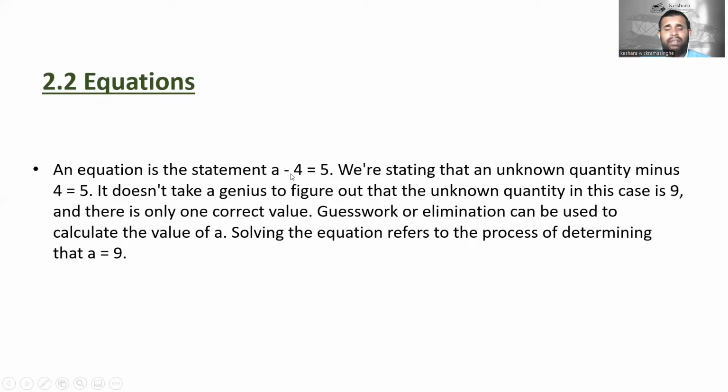So a equals 9, because 9 minus 4 equals 5. There is only one correct value. Guesswork or elimination can be used to calculate the value of a. Solving the equation refers to the process of determining that a equals 9.